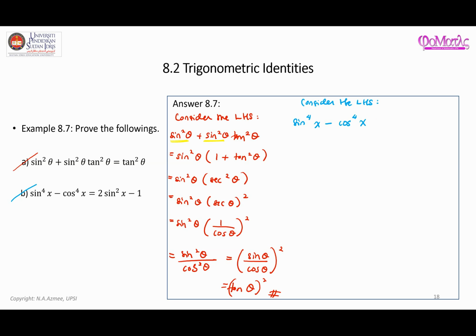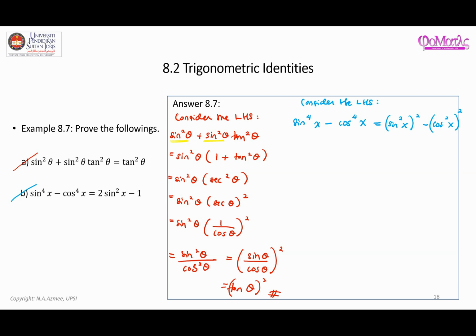If you look at this, I can express it as sine squared x, squared, minus cos squared x, squared.